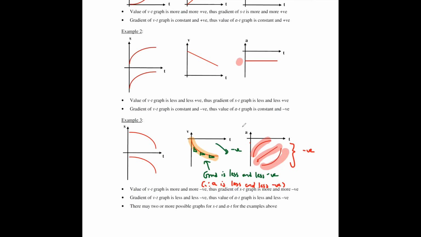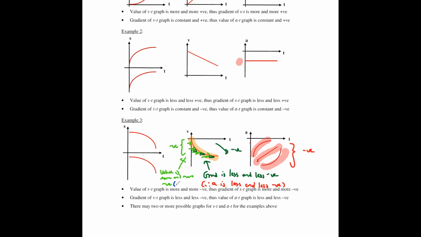Okay, so this one is for gradient, but now if I want to go to the values, this one you see all the values are negative. The values are becoming more and more negative, right? So this one, the value is more and more negative.